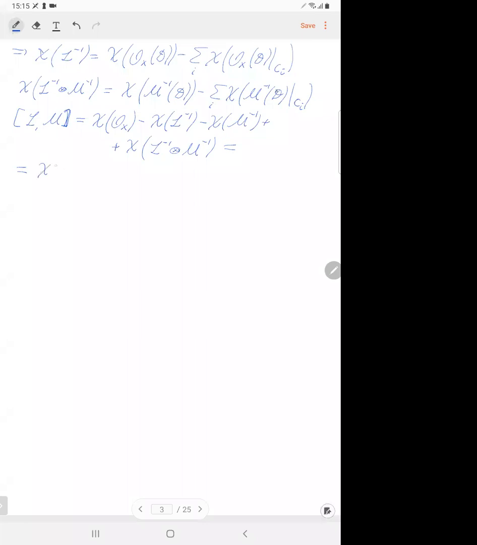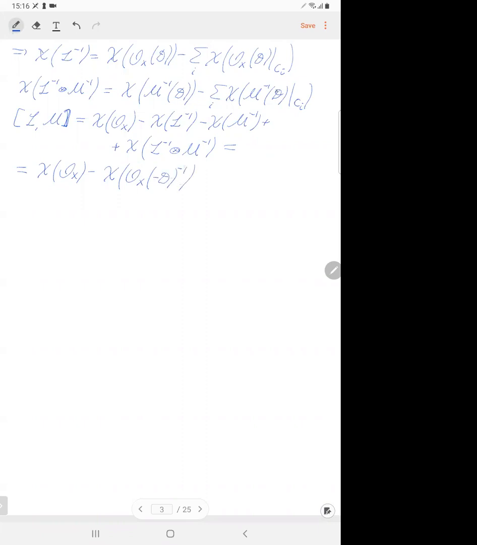So we get the Euler characteristic of the ambient surface minus the Euler characteristic of OX of D, from the very first formula, but I write it in some strange way that will make apparent its later use. So I write OX of minus D, inverse.